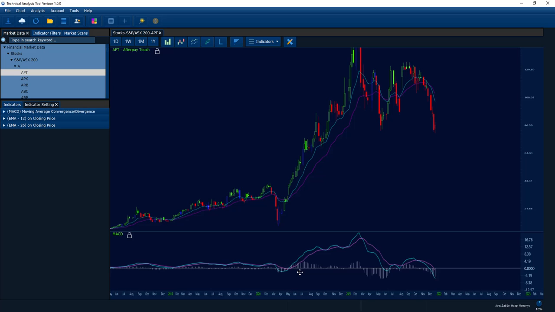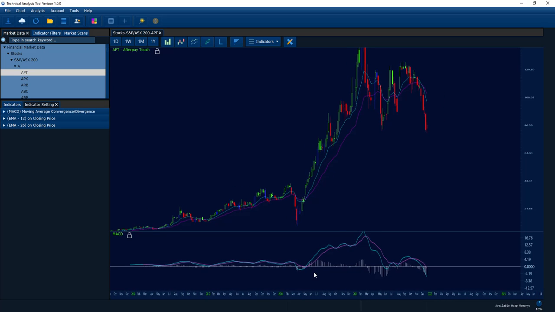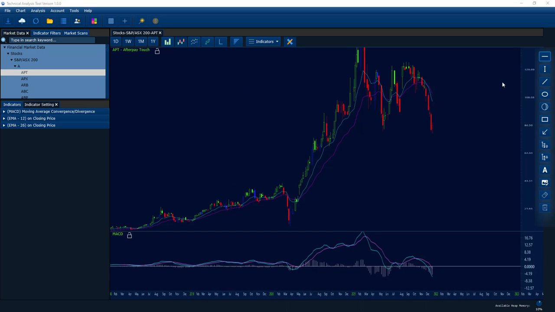In the chart, here is an example. As you can see, the MACD line here crosses above the signal line. That function will tell you this type of turning point. So what's the significance of this crossover?